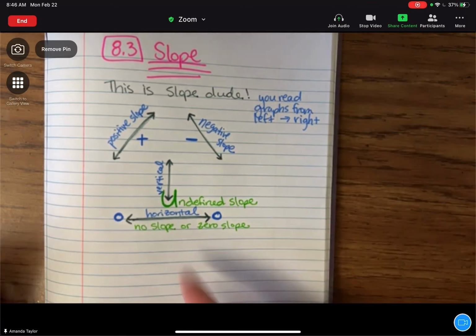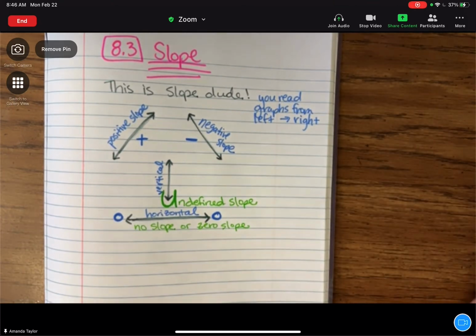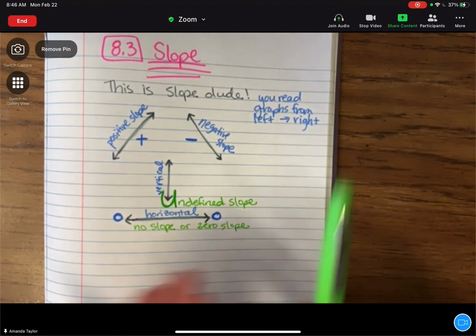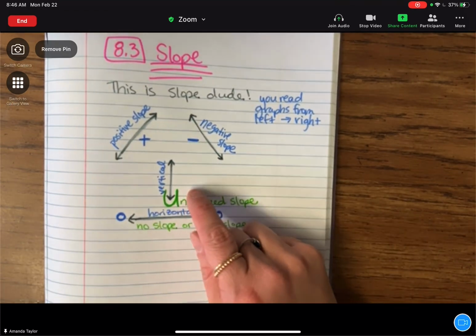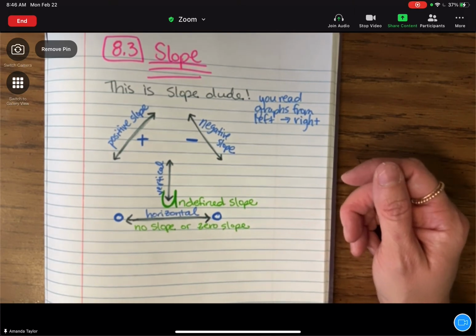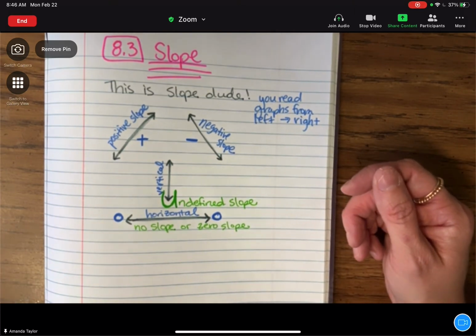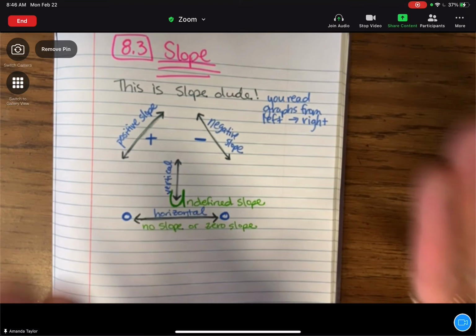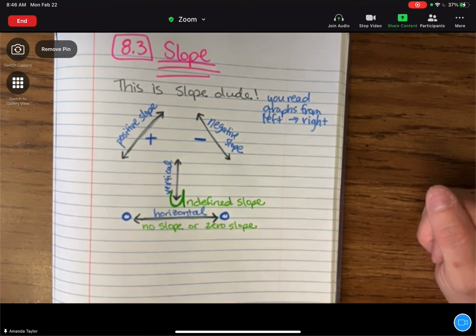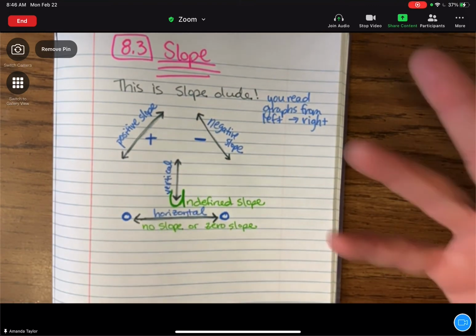It's straight up and down. So when I ask what's the slope of a vertical line, I want you to envision Slope Dude's nose ring and think, oh, it's a U for undefined. You can't define it. There is no number, it's undefined. So this is Slope Dude, and these are just the directional slopes: positive, negative, undefined, and no slope.